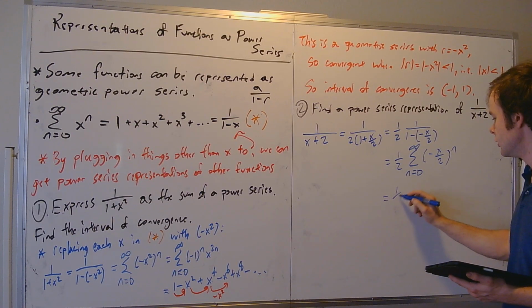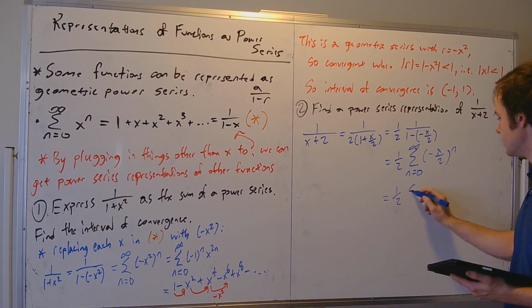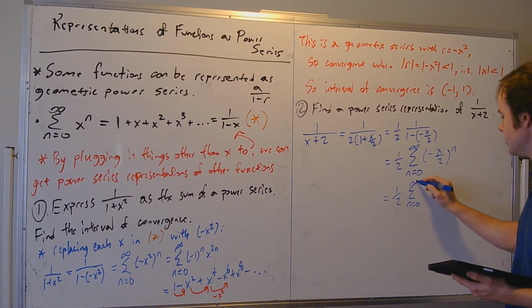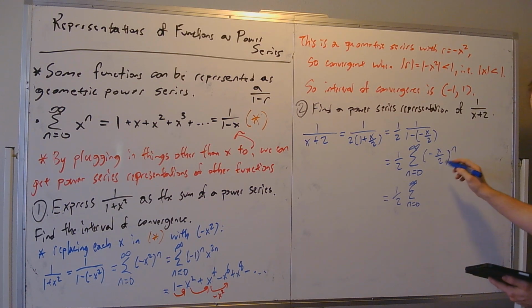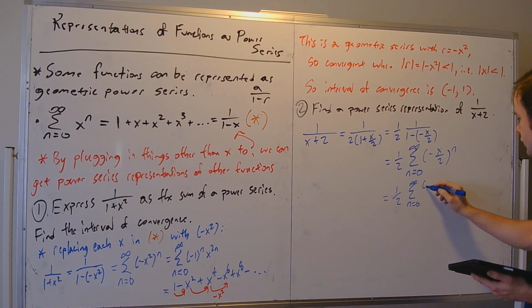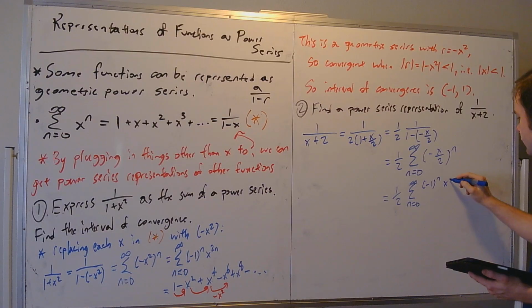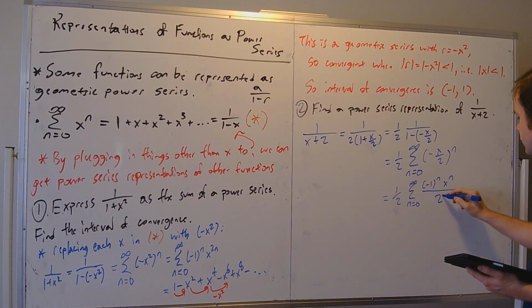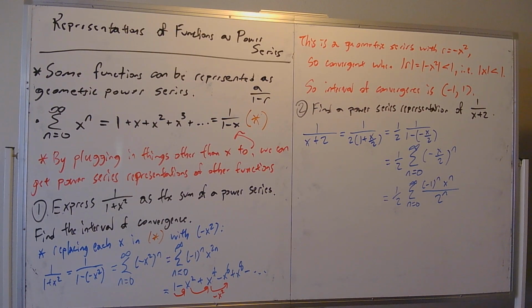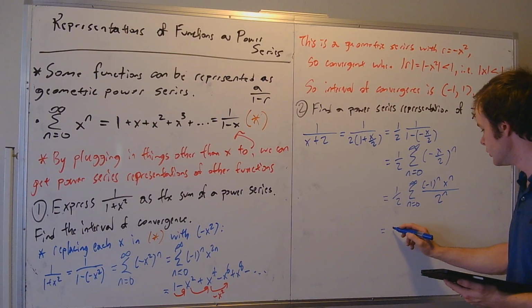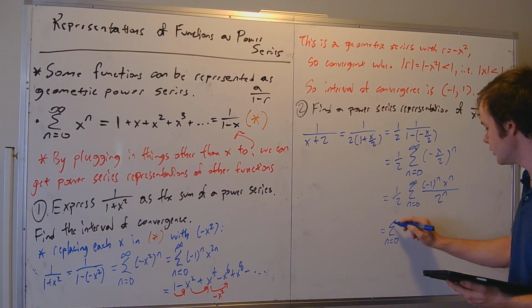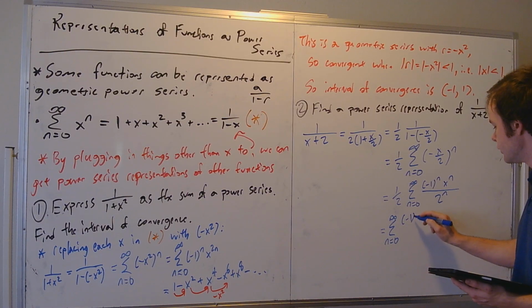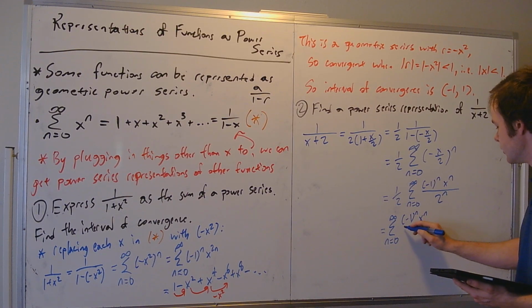So this is 1/2 times sum from n equals 0 to infinity of negative 1 to the power of n times x to the power of n over 2 to the power of n. Okay. But 1/2 times 2 to the n, you can rewrite as 2 to the n plus 1. So we can rewrite this as the sum from n equals 0 to infinity of negative 1 to the n times x to the n over 2 to the n plus 1.